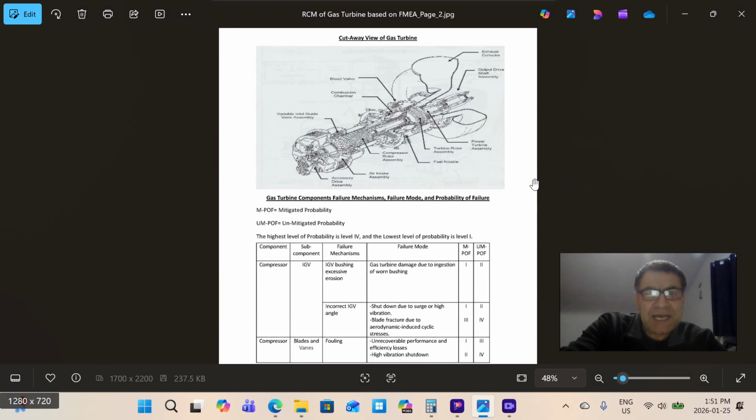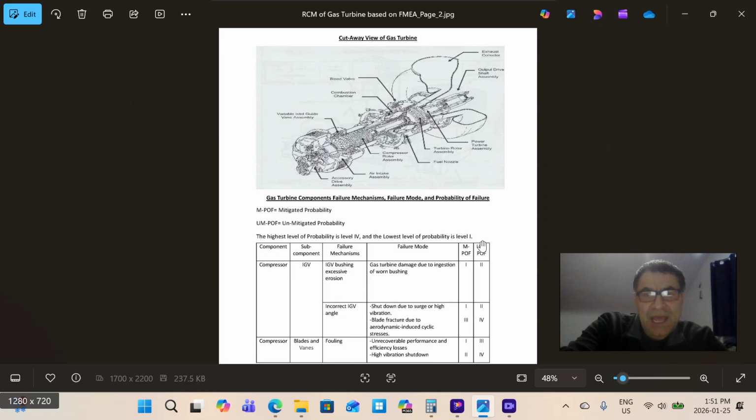This is the gas turbine component failure mechanisms, and I have a picture of the cutaway view of the gas turbine, and this is the view of all the main components. This shows the failure mechanism and probability of failure for each component based on the failure mode and failure analysis.